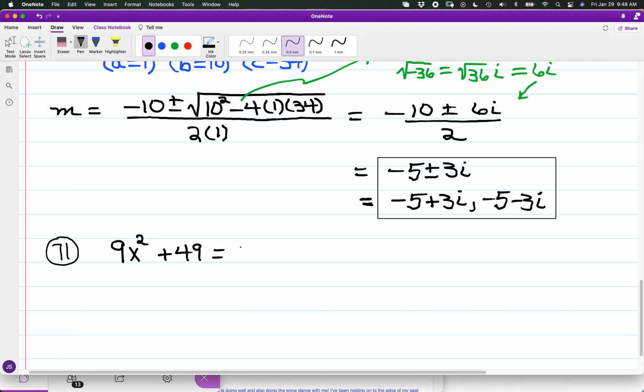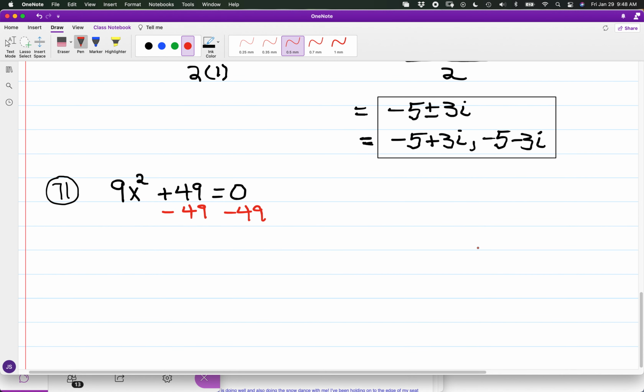And like what I had with 57 and 58, I can isolate the variable term upon taking away the constant that is added from both sides. So if I deduct 49 from both the left and right hand sides of the equation, we're going to have 9x squared is equal to negative 49.